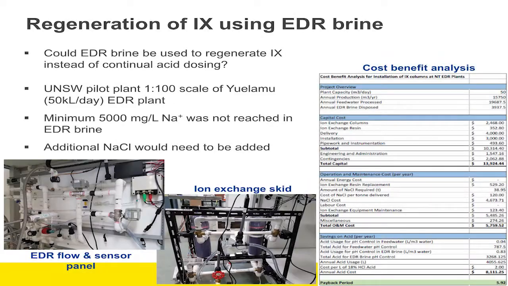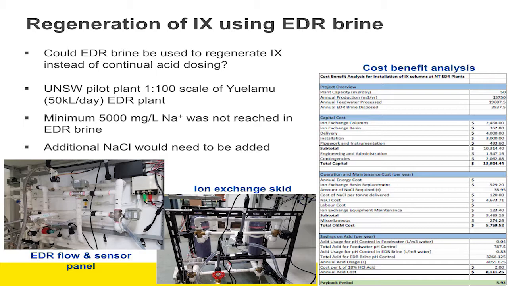We had an honours student who was interested in looking at whether EDR brine could be used to regenerate ion exchange resins as an alternative to, say, acid dosing for scale treatment in EDRs. He based it on the 1 to 100 scale model of the Uluru EDR plants.